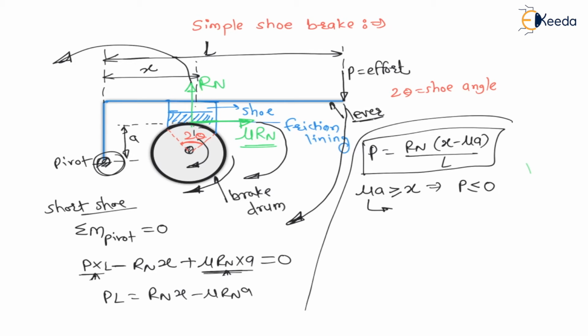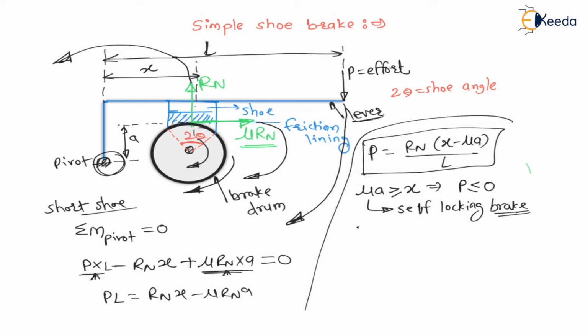That means there is no need of effort for braking action. Already there is a brake, already braking has been done, no need of braking effort. Therefore, such type of brake is called self locking brake, right? No need to apply external effort.